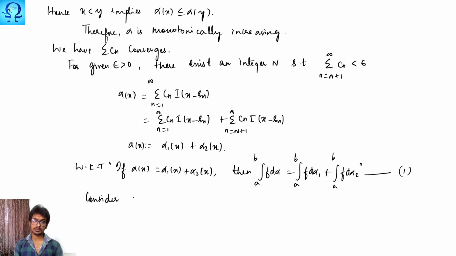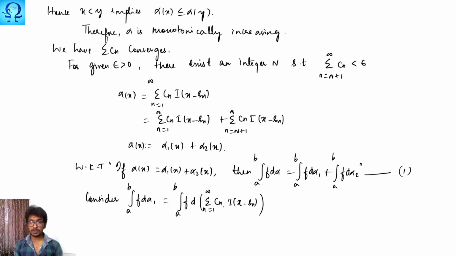Now let us consider the integral a to b f d alpha 1. This is the integral a to b f d of the summation n runs from 1 to N of Cn I of x minus Sn.